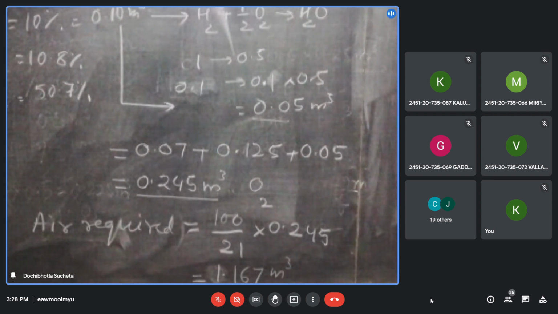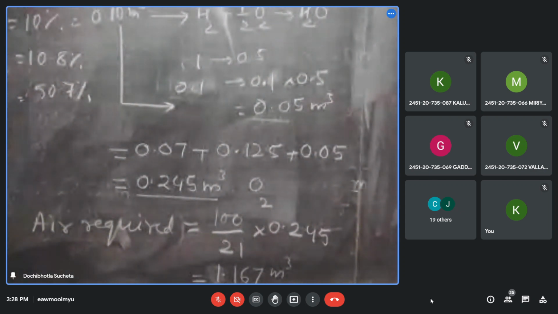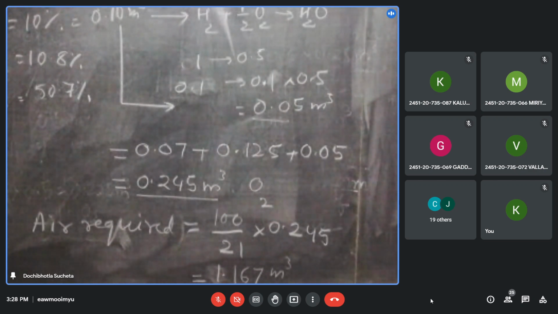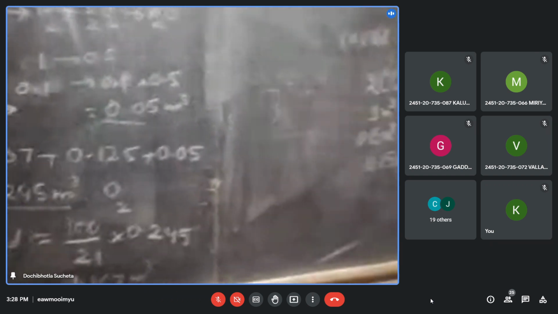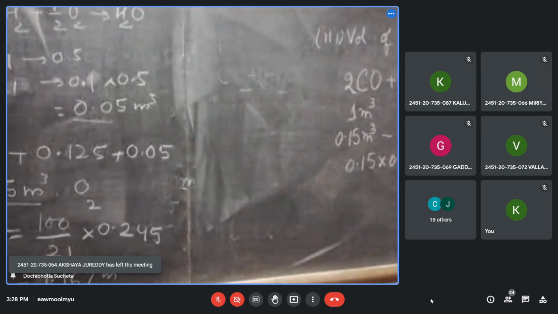0.167 into 28.9 divided by 22.4, what is the answer? That will be the weight.